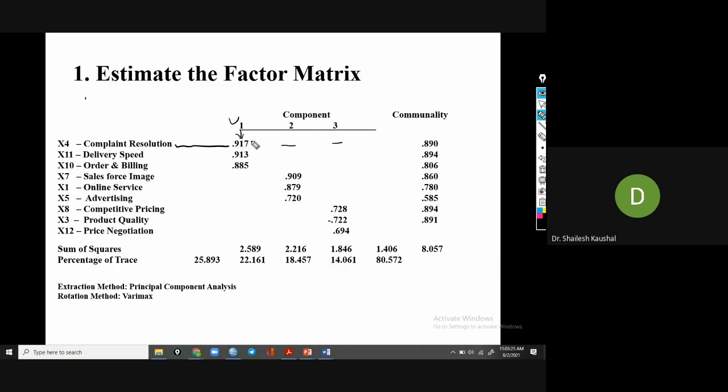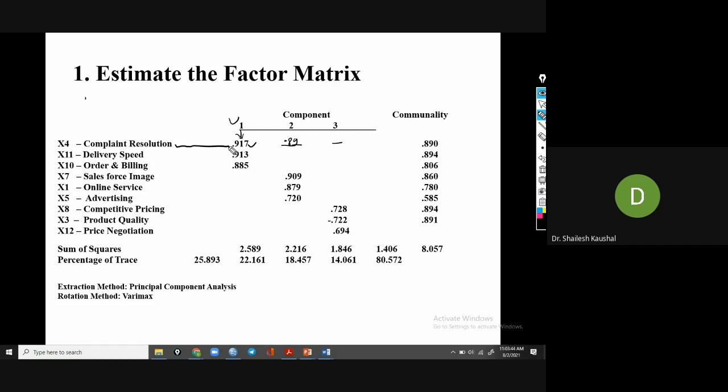So if one variable is highly related to this and also highly related to component 2, like 0.89, this situation is known as cross loading.